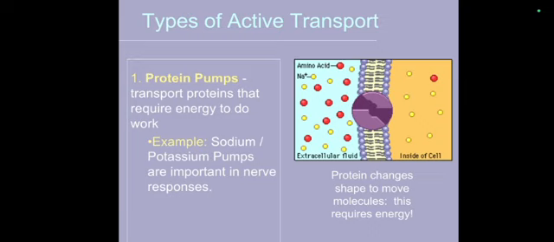It is the most significant example of active transport in the human body. This pump exchanges potassium by transporting sodium out of the cell. Therefore, the concentration of sodium within the cell is maintained at a low level and that of potassium at a high level.